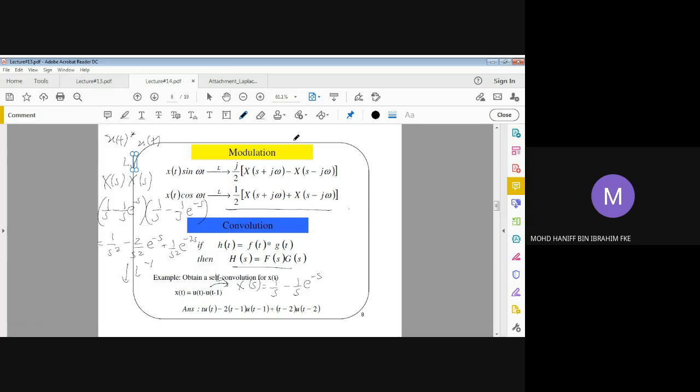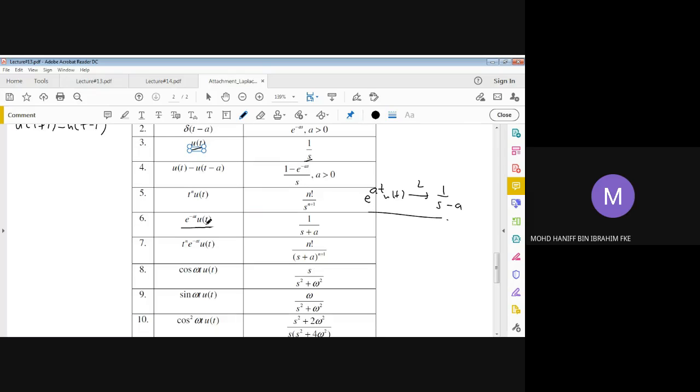From the table in the attachment, if we have a function t to the n of u(t), we're going to have n factorial divided by s to the power of n plus 1. So if we have, for instance, t squared of u(t), the Laplace transform should be equal to 1 over s squared. Sorry, my apologies, my mistake. It is not t squared, it is t.